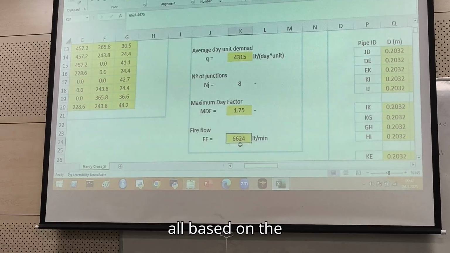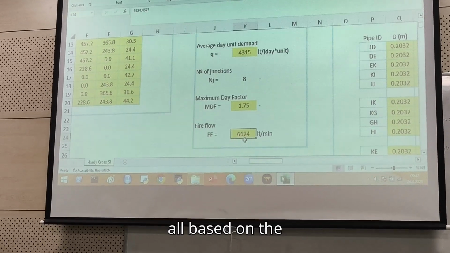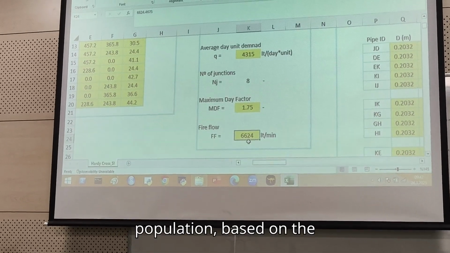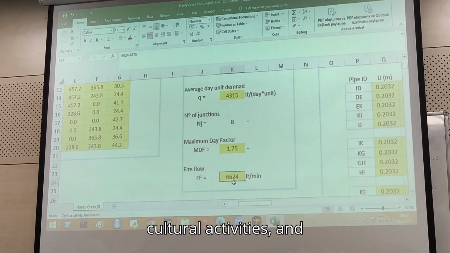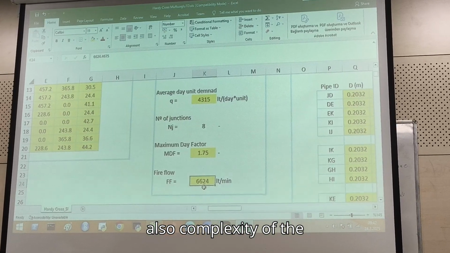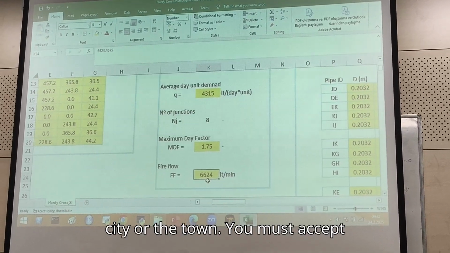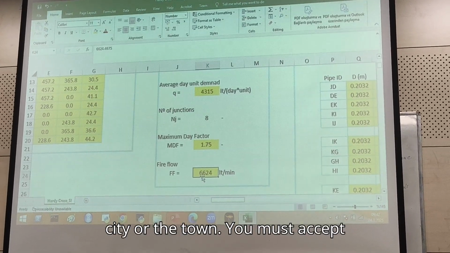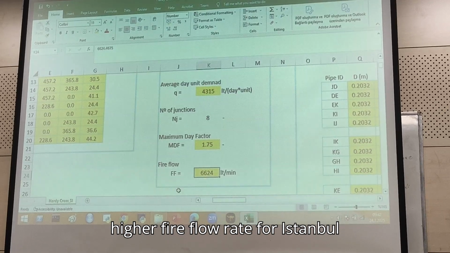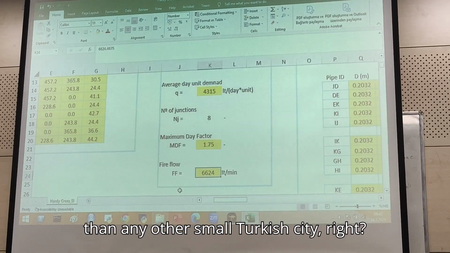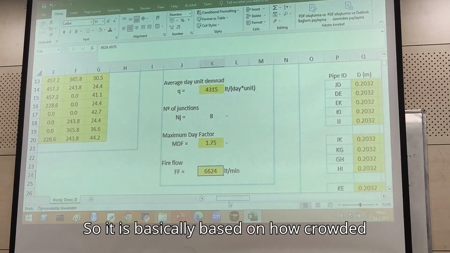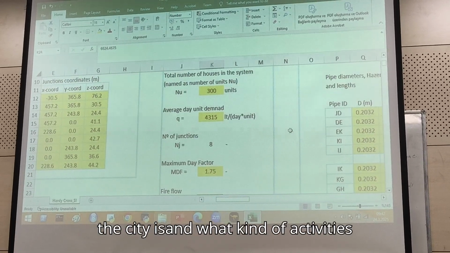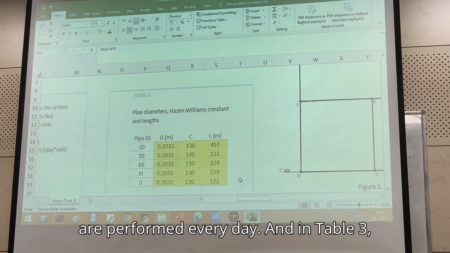So they are all based on the population, based on the cultural activities, and also complexity of the city or the town. You must accept higher fire flow rate for Istanbul than any other small Turkish city, right? So it is basically based on how crowded the city is and what kind of activities are performed every day.